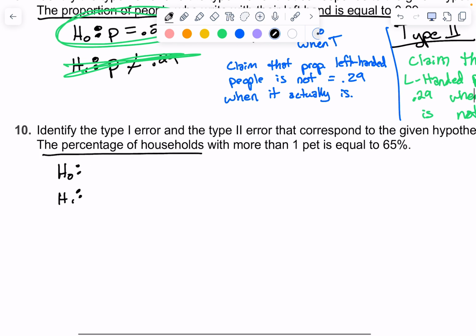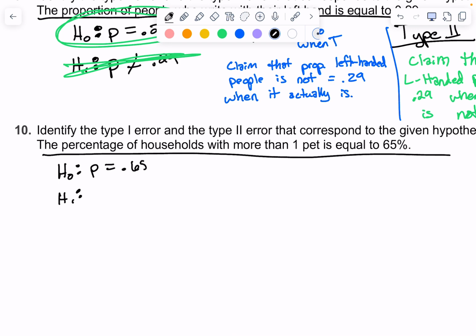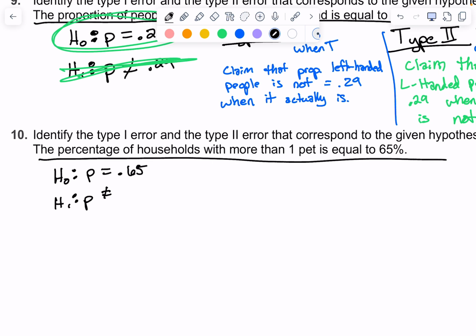The percentage of households with more than one pet is equal to 0.65 or 65%. So P equals 0.65. What's the alternative hypothesis? P not equal to 0.65.